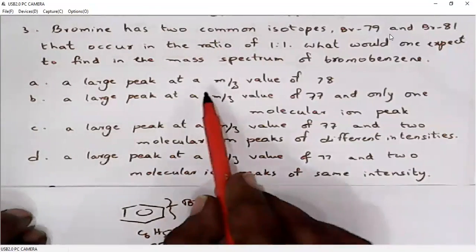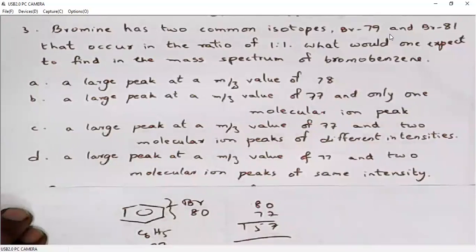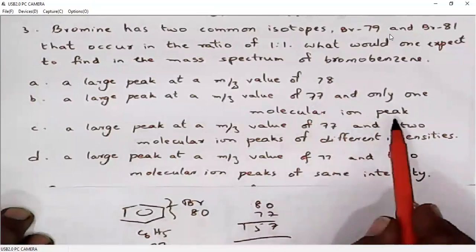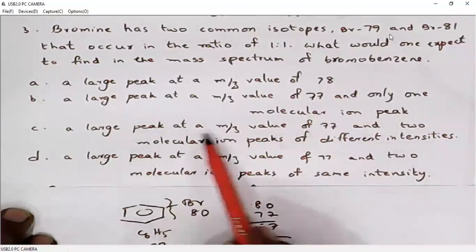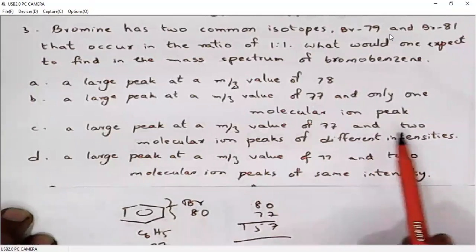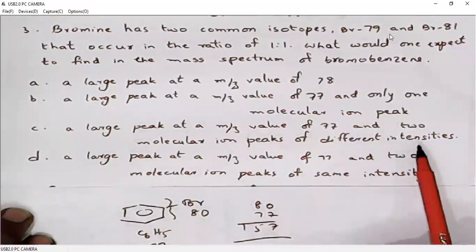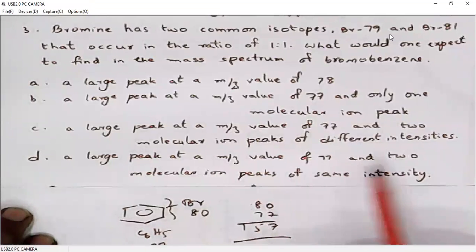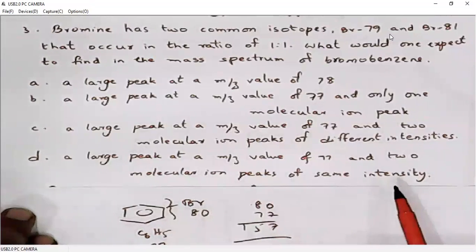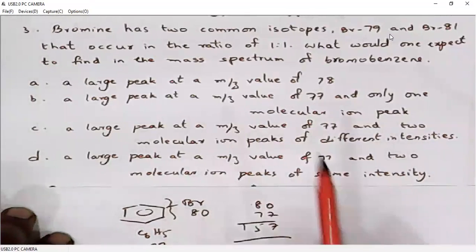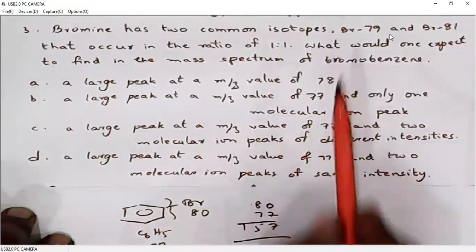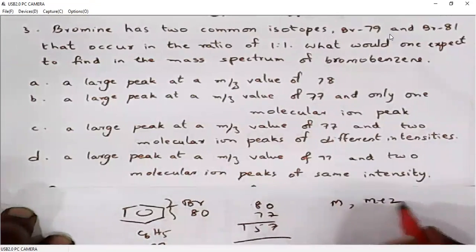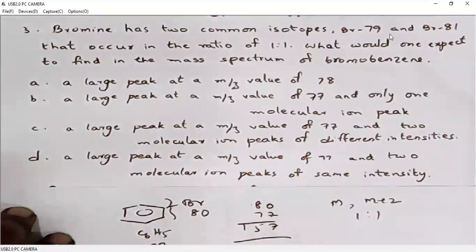A large peak at an m/z value of 78 and only one molecular ion peak; a large peak at an m/z value of 77 and only one molecular ion peak; a large peak at an m/z value of 77 and 2 molecular ion peaks of different intensities; a large peak at an m/z value of 77 and 2 molecular ion peaks of the same intensity. When we know there is a bromine atom, we know there exist 2 peaks, M and M plus 2, with the same intensity, 1:1.